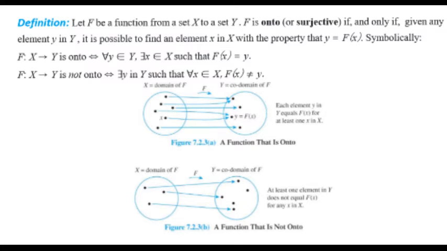That's why the codomain is not totally covered by f, and that's the definition of not being onto. So the function f in this figure is not onto because it does not cover all the members of the codomain.